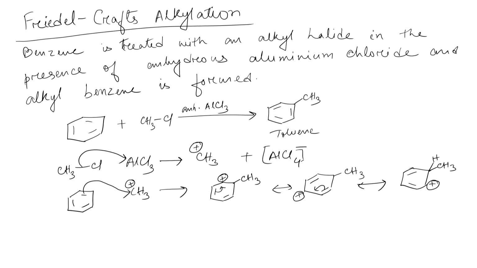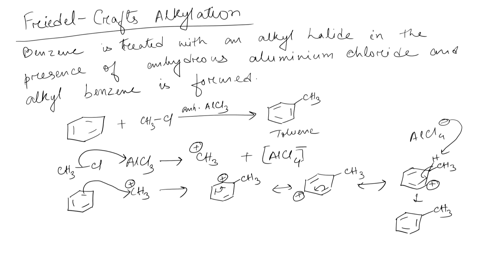Now, in the last step, we have AlCl4 minus here and this takes up the hydrogen, and we form this double bond. So, we get toluene. This is the Friedel-Crafts alkylation.